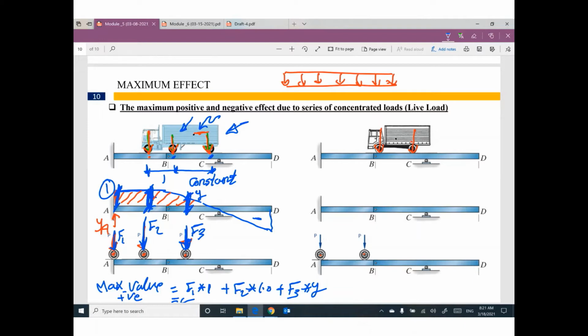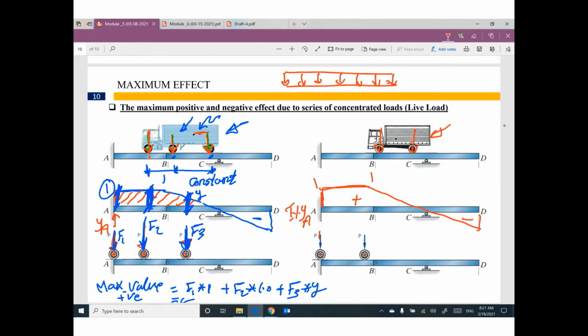One more time. Let's see if we have this one influence line for reaction YA. It will look like this. Negative, positive, 1, 1. How can I put this truck to get the maximum positive effect?